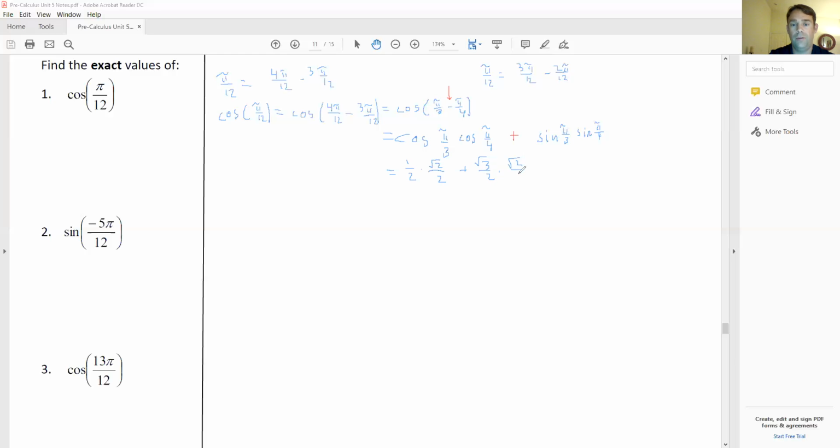So when we put it together, we end up with root 2 over 4 plus root 6 over 4. So root 2 plus root 6 all over 4.